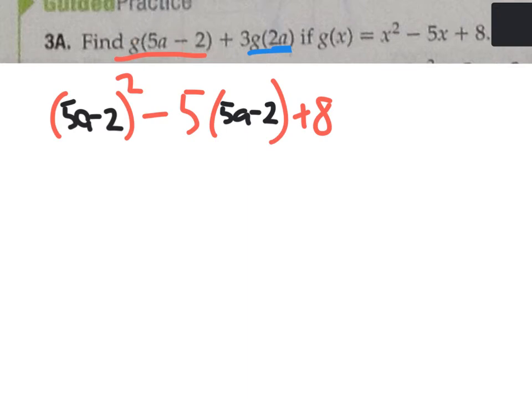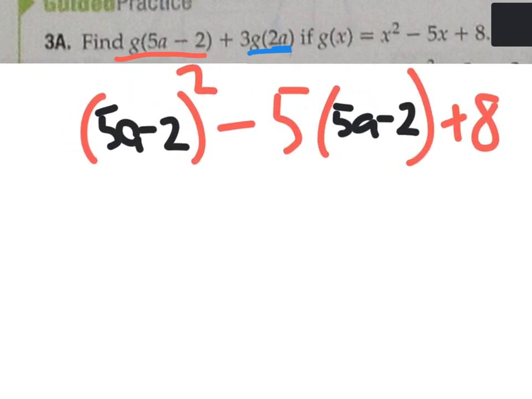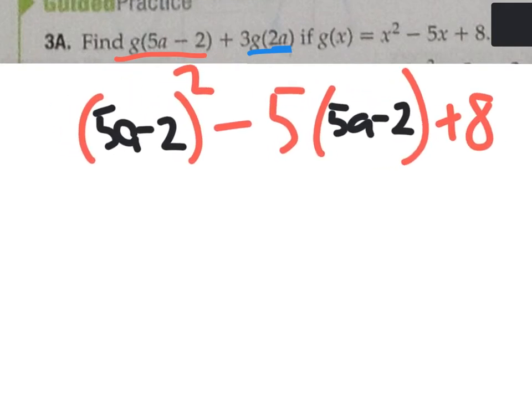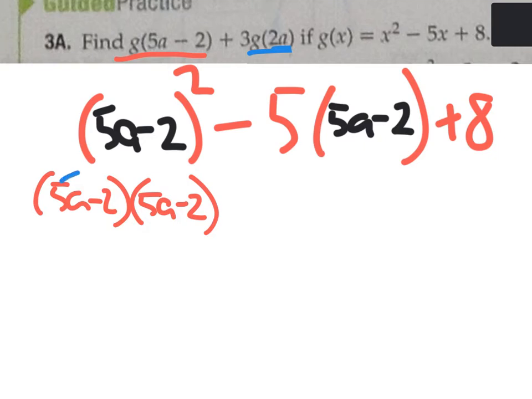So the first thing to do would be to take your binomial and square it. And the only way to do that would be to write it twice. 5a minus 2 times 5a minus 2. Okay, and you're going to have to distribute. 5a times 5a is 25a squared.